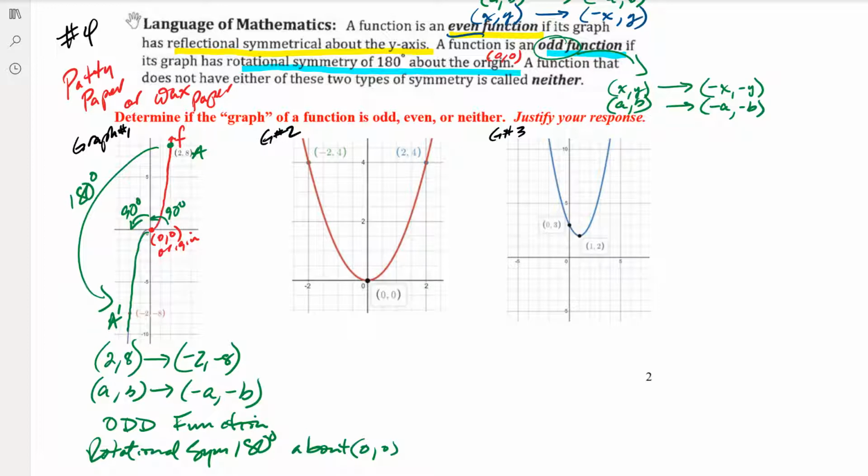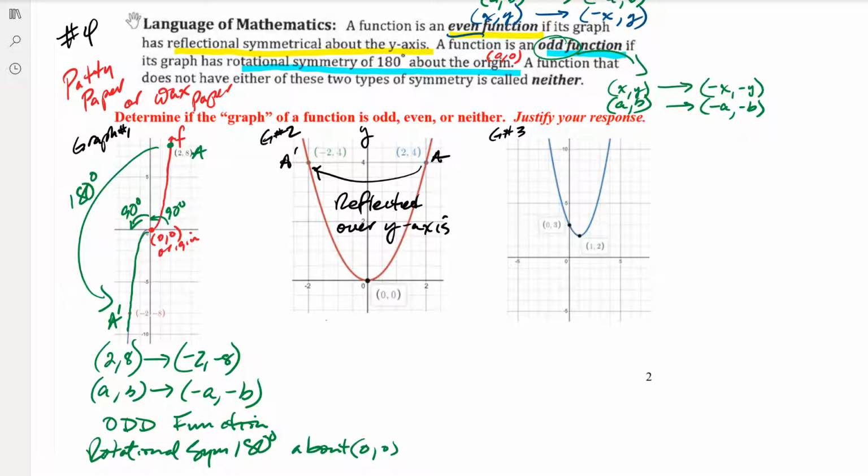Now graph number 2 has a parabola, and this parabola does not have rotational symmetry about the origin. It's actually a reflection across the y-axis. This point A will get reflected to A prime, over the y-axis. Whenever you notice this, you call this function even.